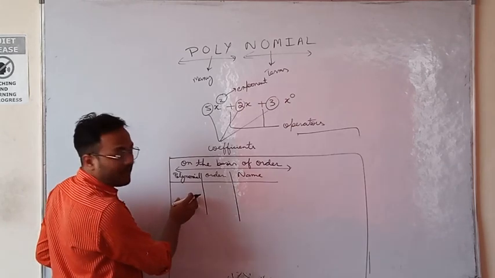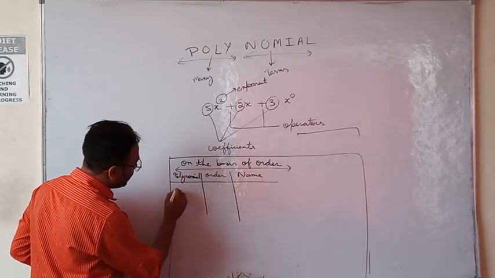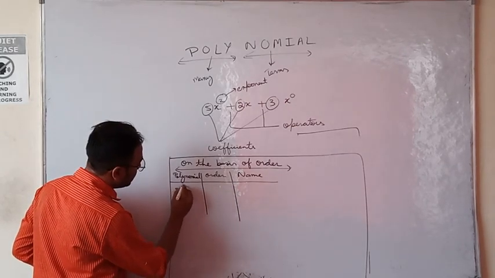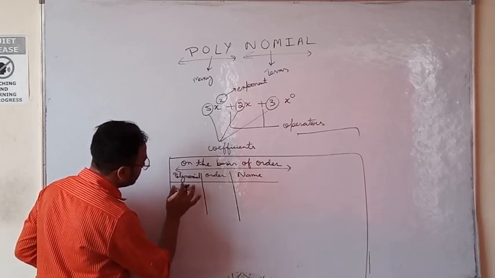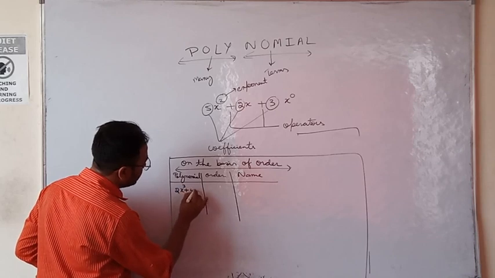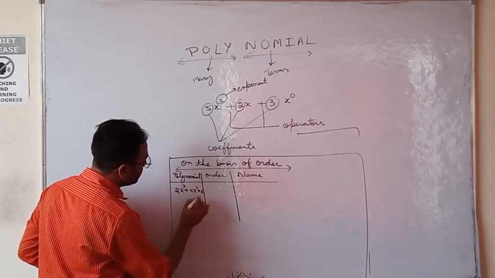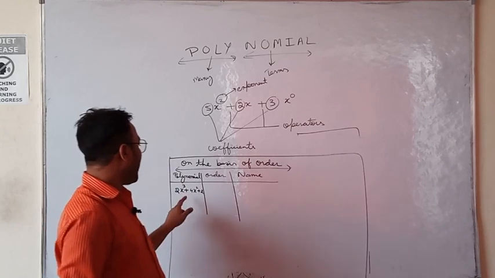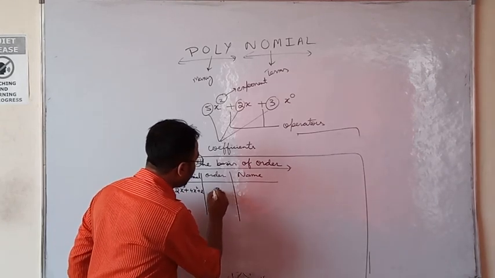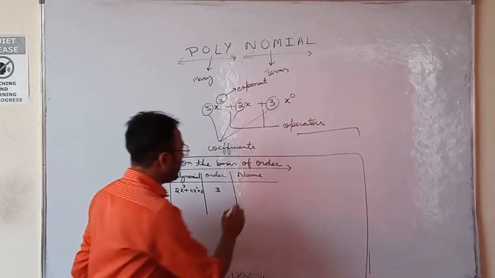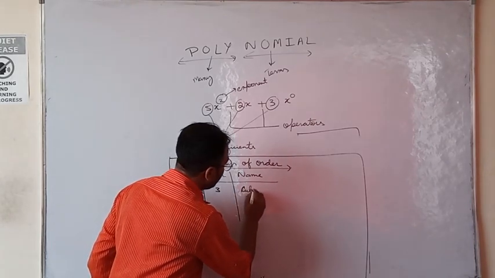For an example, if I take the polynomial 2x cube plus 4x square plus 2, the maximum power of the variable is 3. So the order will be 3, and the name of the polynomial is cubic polynomial.